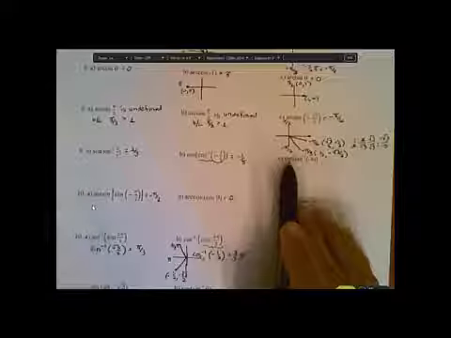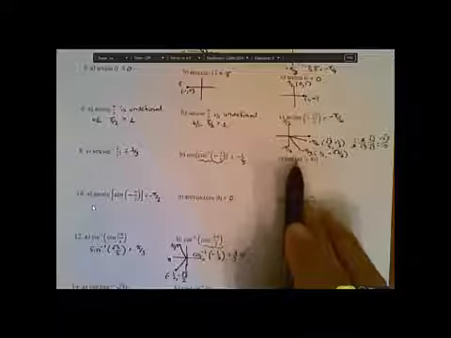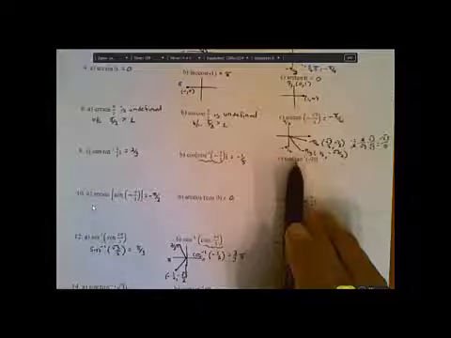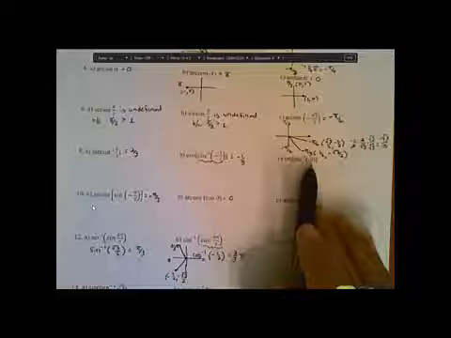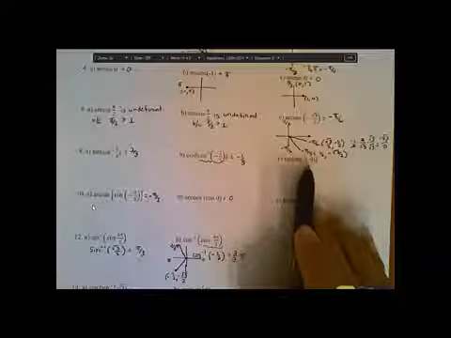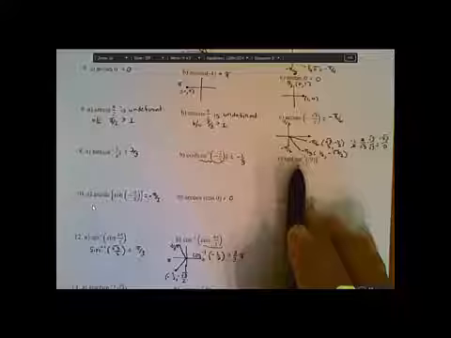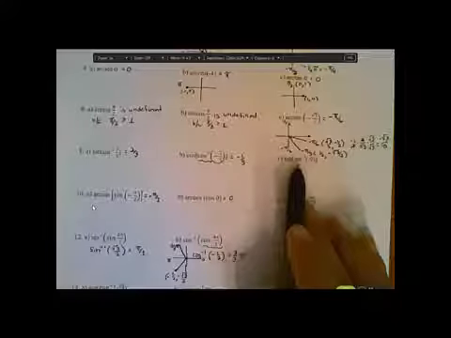Number 8. I'd like to say that tangent and inverse tangent just undo each other and leave me negative 9. But before I can say that, I need to ask, is negative 9 a number that I can take inverse tangent of? What's the domain of inverse tangent?